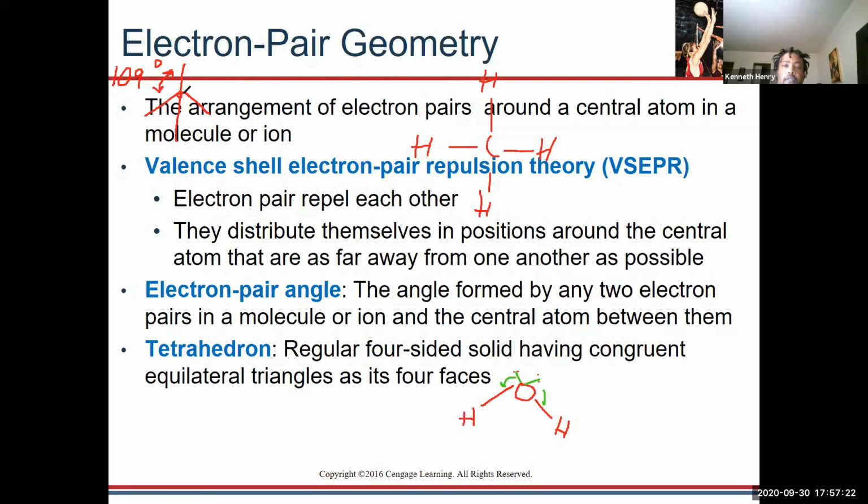Now the electron pairs are not visible in terms of the molecular geometry. They're kind of invisible.